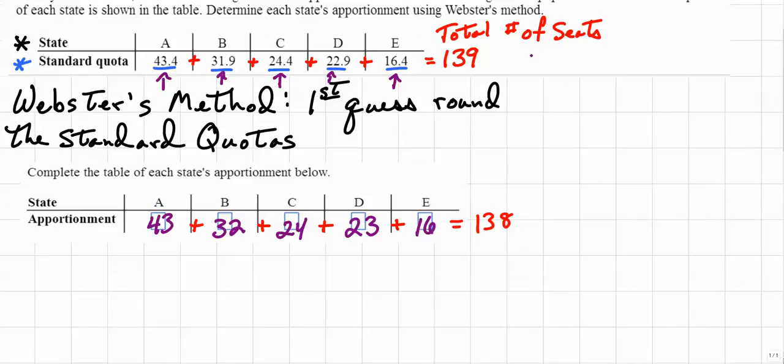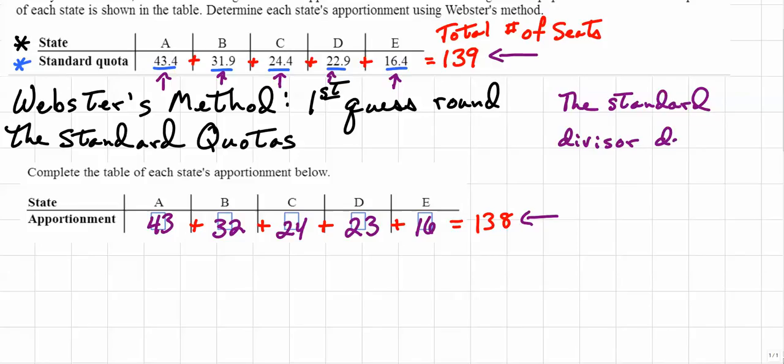Now, since the sum of the standard quotas and the sum of the rounded values are not equal, that means that the standard divisor does not work. And we will need to either increase or decrease the standard divisor. Well, first off, we're not given the standard divisor in this problem, so we need to determine what it is.